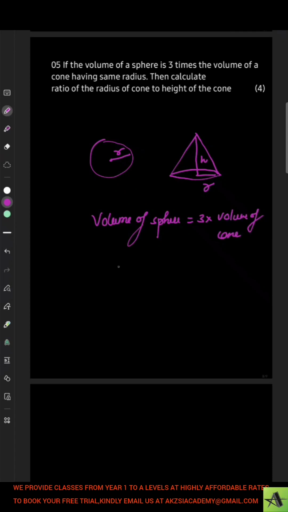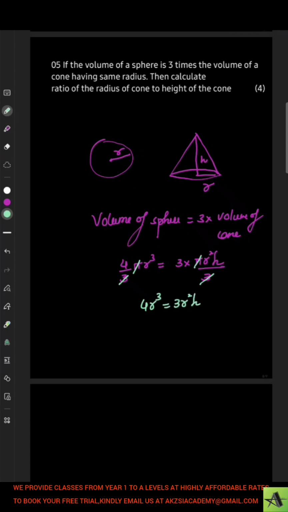Volume of sphere, 4 over 3 pi r cubed, equals volume of cone, pi r squared h over 3. I can multiply both sides by 3 to cancel this out. Divide both sides by pi, we can cancel this out as well. Remaining is 4r cubed equals 3r squared h.